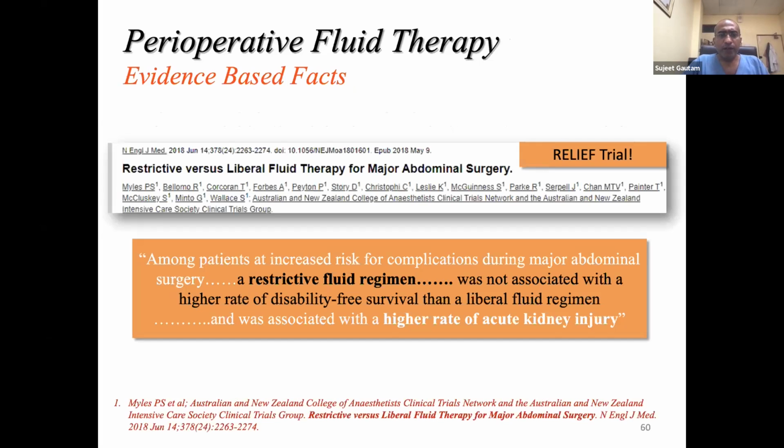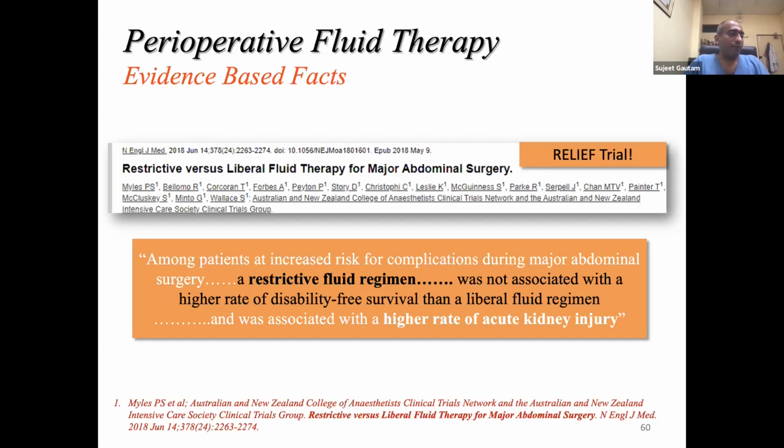This RELIEF trial suggests that among patients at increased risk for complications during major abdominal surgery, a restrictive fluid regimen was not associated with a higher rate of disability-free survival than a liberal fluid regimen, and was associated with a higher rate of acute kidney injury.